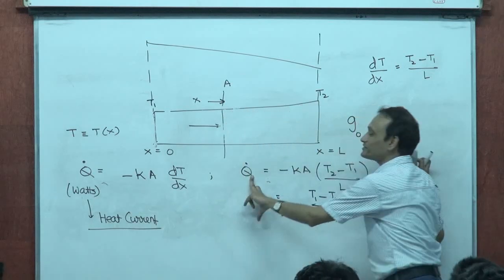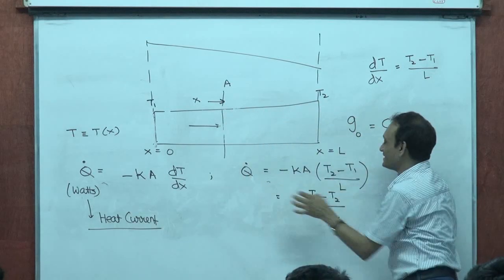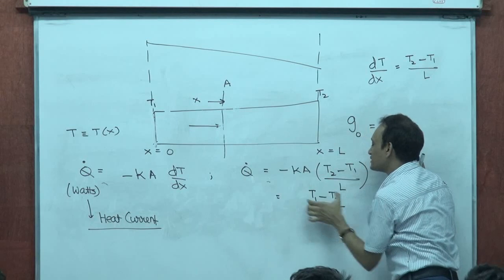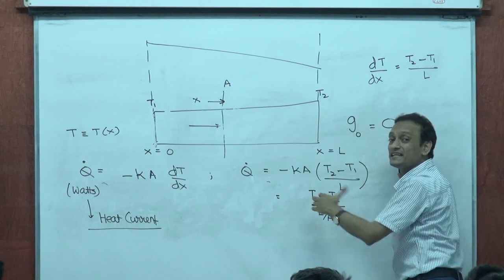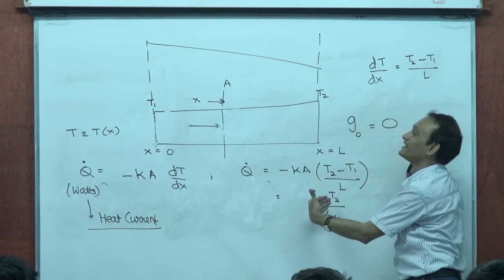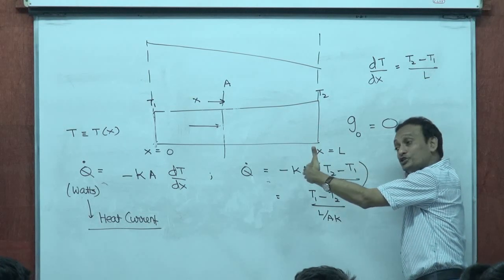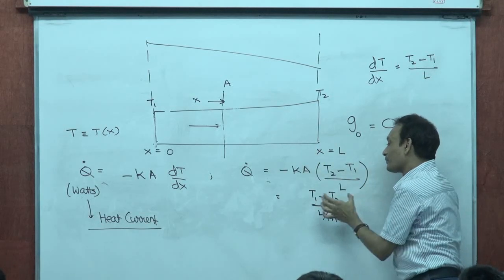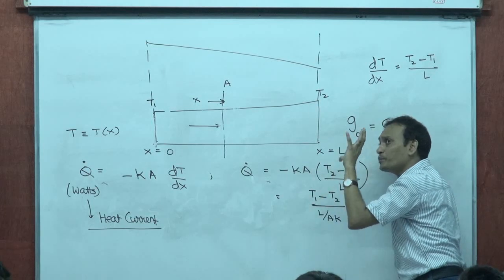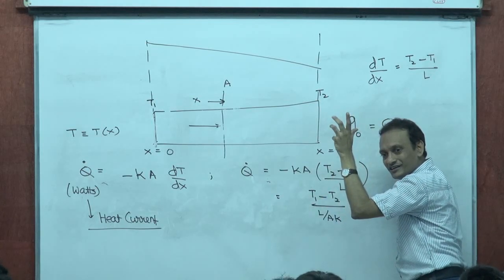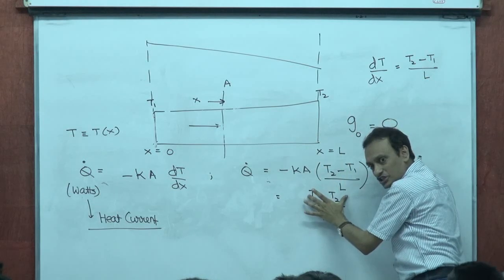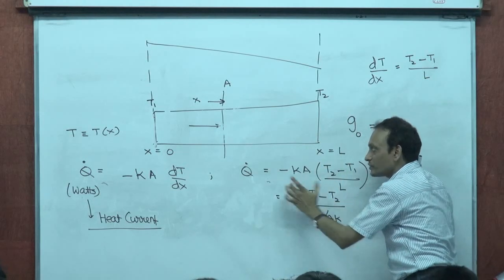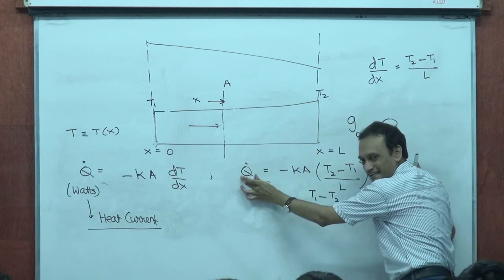Now, the reason we would call it the heat current is that heat has flowed because T1 is greater than T2. That promotes flow of heat from left to right, right? So this is synonymous with potential difference. If this is synonymous with potential difference, we can call it the heat current.